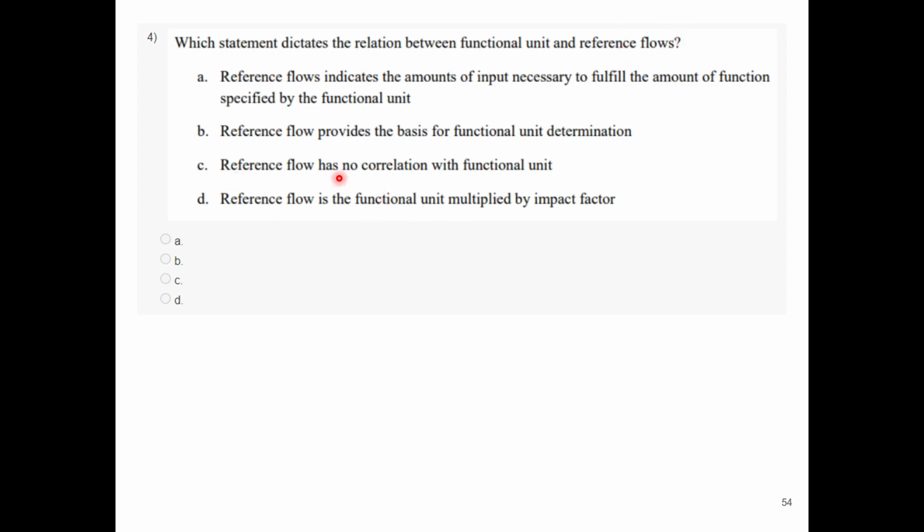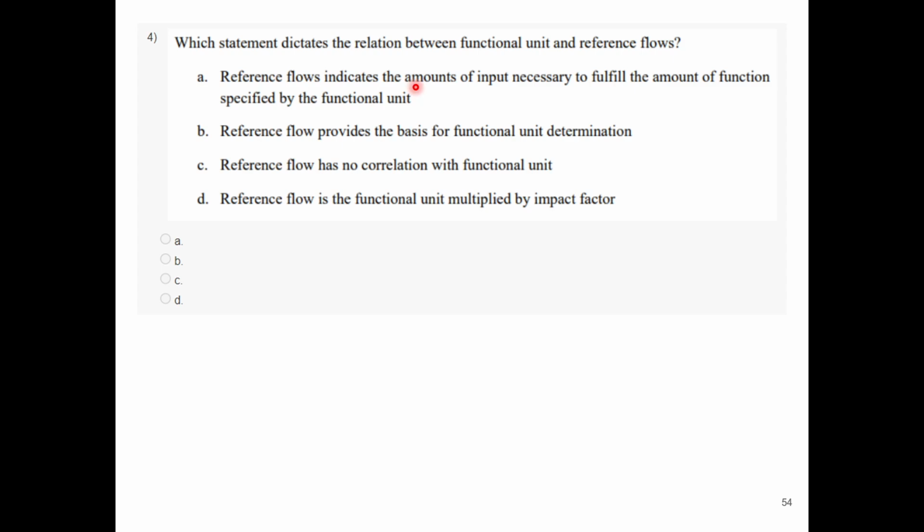So that means it has correlation. Okay, so C is not correct. It is a functional unit multiplied by impact factor, so that is also not correct. It provides the basis for functional unit determination. No, so functional unit is independent of reference flow. It is first found out, and then to achieve that we select the reference flow. So it does not provide the basis. So B is also wrong.